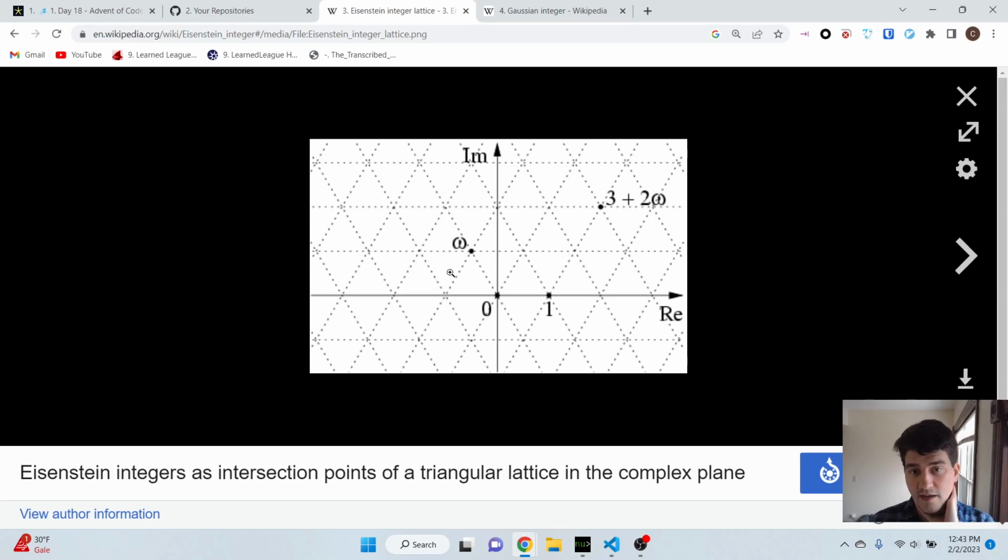And if you go another omega, you get another third of the way around the circle, and then back. And what you get from that are, 3 plus 2 omega is over here. But you get this triangular lattice, because if you want to get to this, it's not that it's 1. Let's see here, what would this coordinate be?